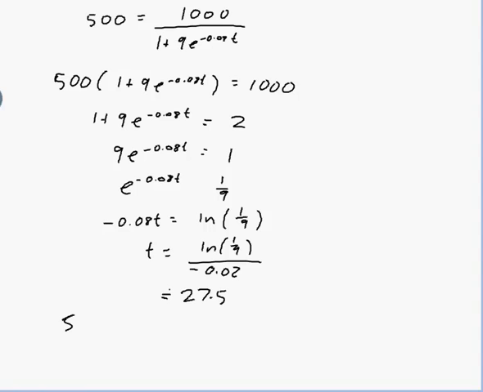So most rapid growth occurs at 27.5 months.